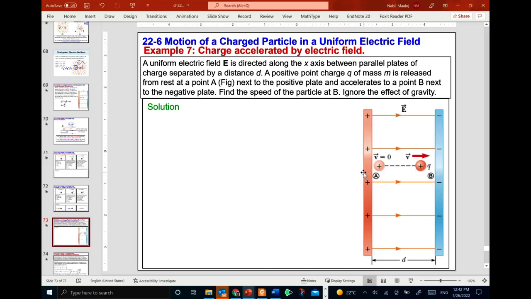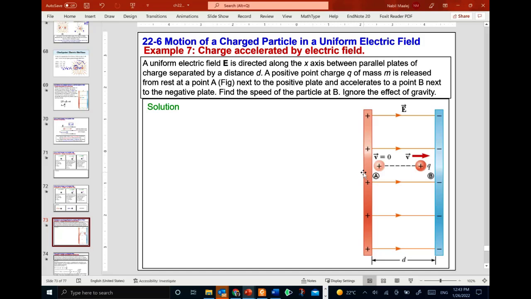Now this is a constant force because we said this is a uniform electric field. So we can use the equations of motion with constant acceleration. They ask for the velocity, so I can use v final squared minus v0 squared, which is 0, equal to 2a times delta x, which is d in this case.